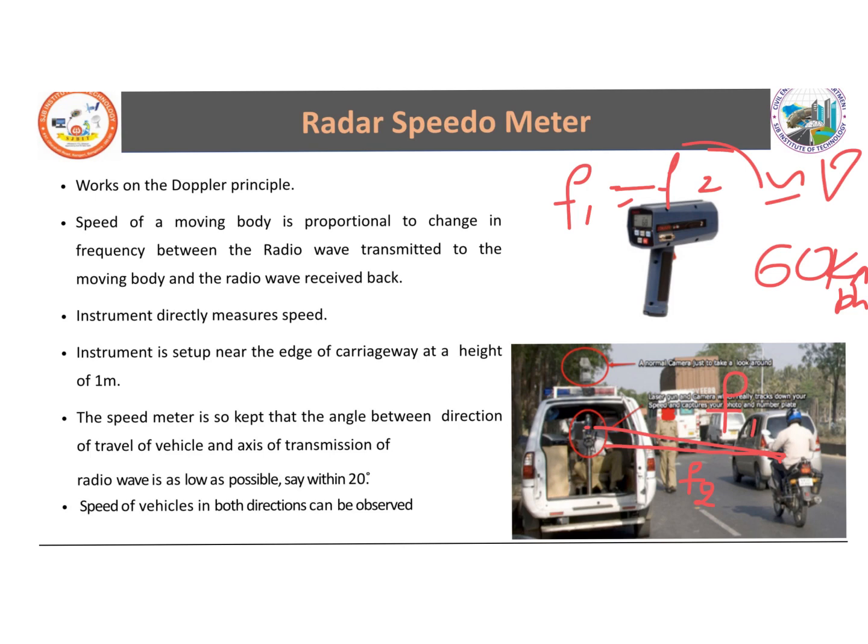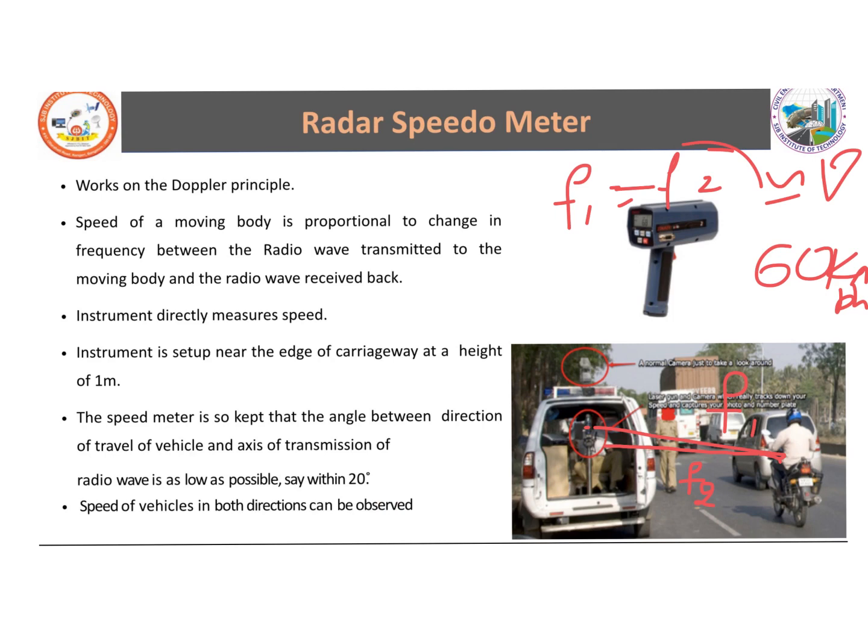The instrument has to be set up near the carriageway at a height of 1 meter from the carriageway, and it should be kept in such a way that the angle of transmission of the radio wave to the vehicle is as small as possible, that is, within 20 degrees.